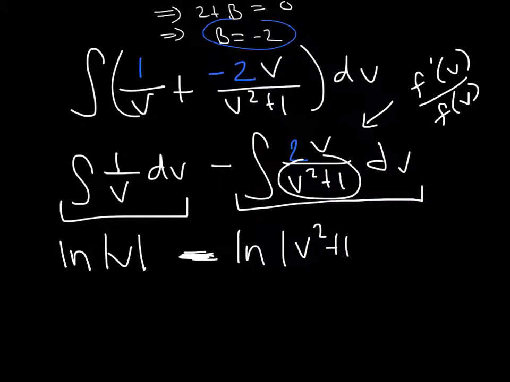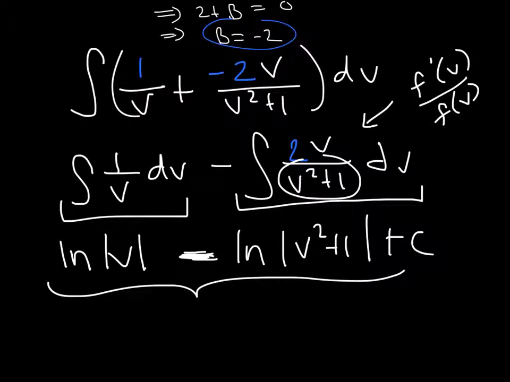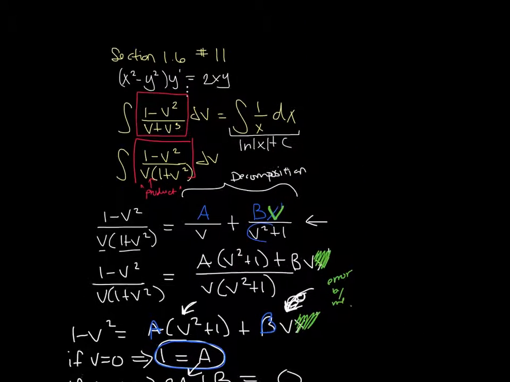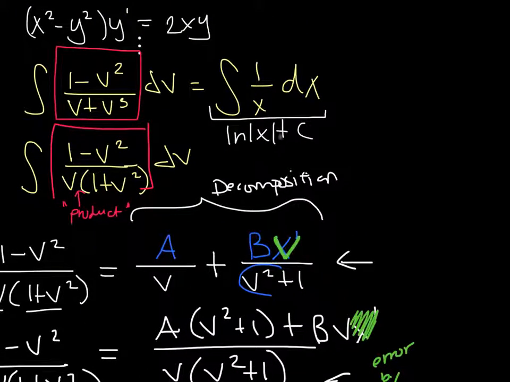So I get v squared plus 1, and of course my constant of integration. So that's basically it. This is the right-hand side, and remember the right-hand side was this guy, and then you can exponentiate both sides, right? We have nice natural logarithms, and it's great because we can use properties of logarithms, which simplifies the expression.